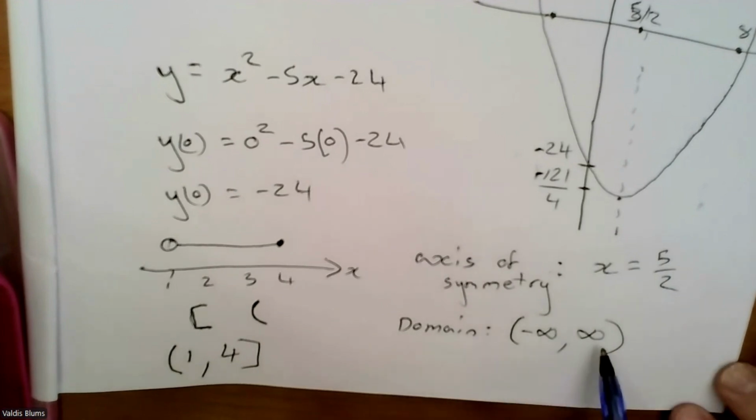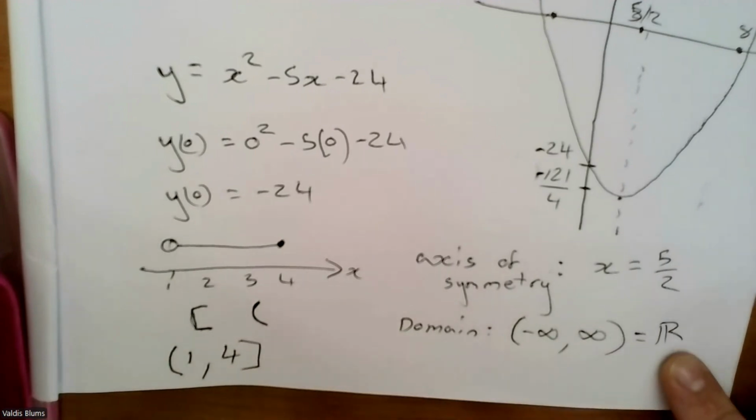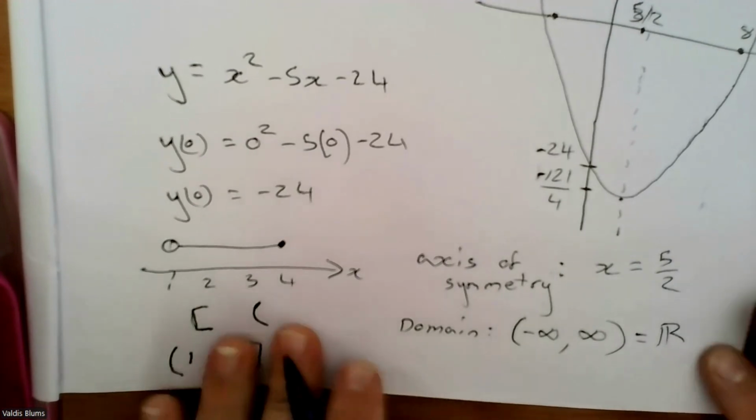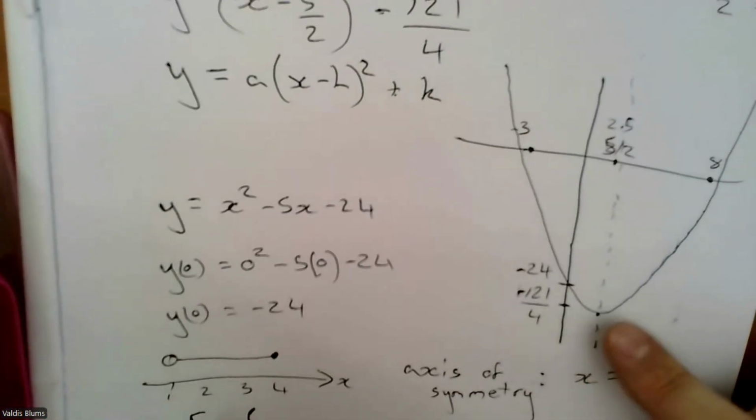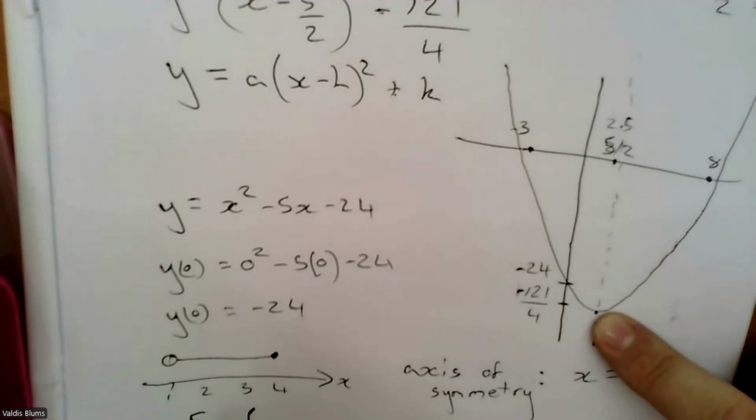Because negative infinity to positive infinity encompasses all real numbers, this is actually equal to all real numbers, so this would simplify to the all real numbers symbol. And then for your range, it keeps going up to infinity, but it goes down to this turning point value. It doesn't go below it.